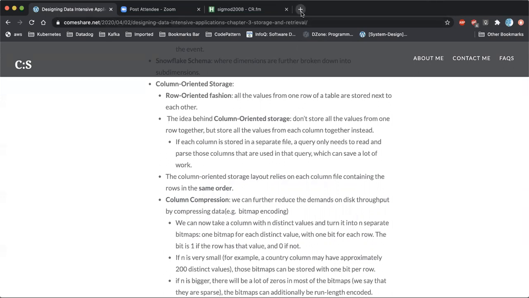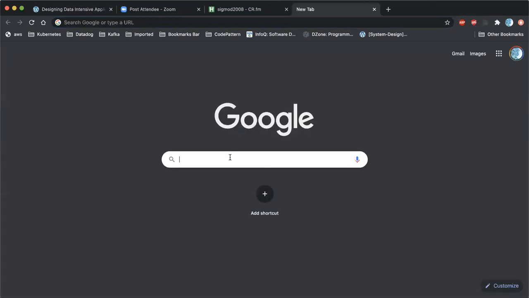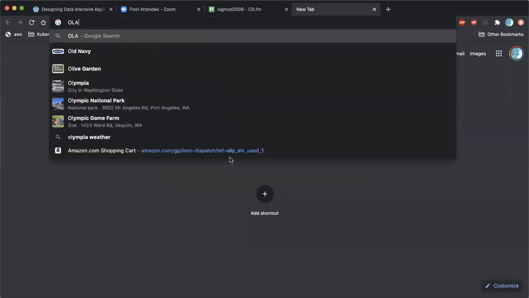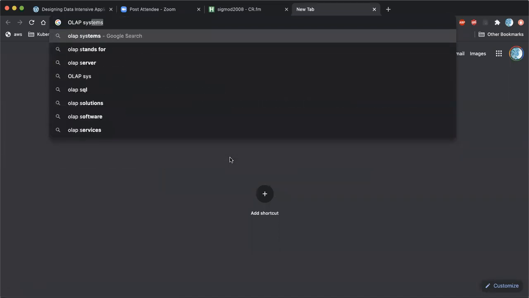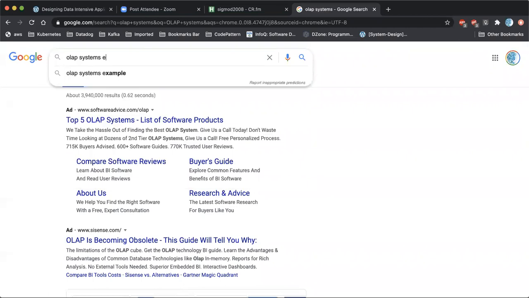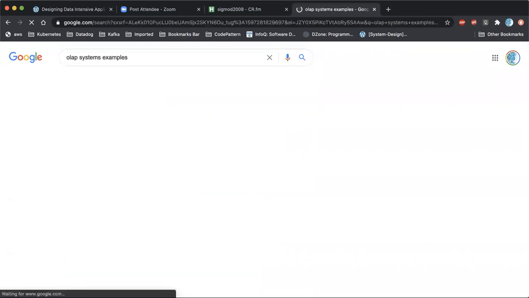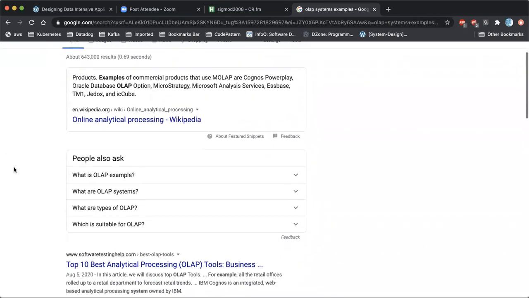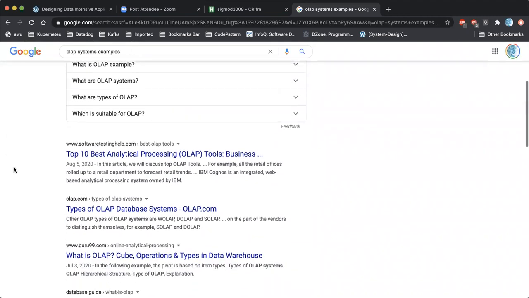You can look up OLAP systems examples. The 10 best.